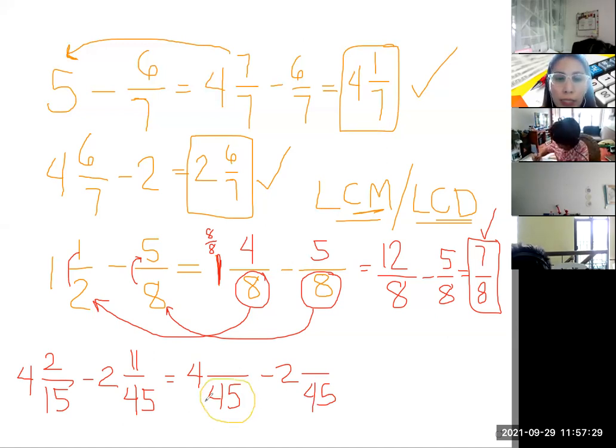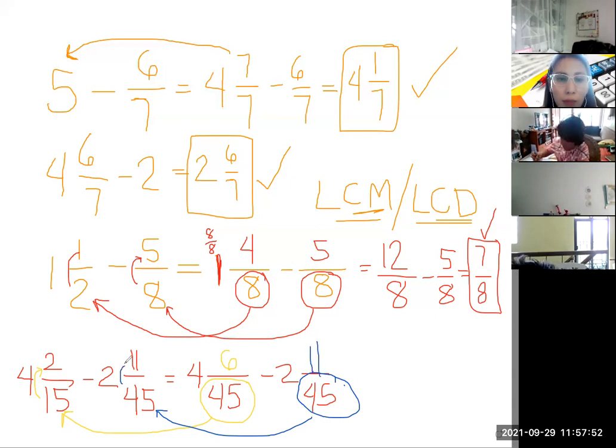Now let's divide. 45 divided by 15, we have 3 times 2 is 6. Now yung kabila, let's just copy, pero pwede rin 45 divided by 45, it's 1 times 11, 11. Again, can we subtract 11 from 6?